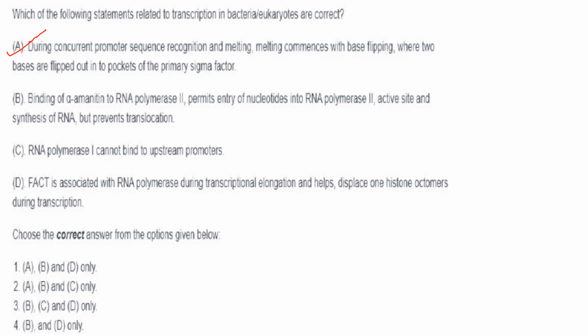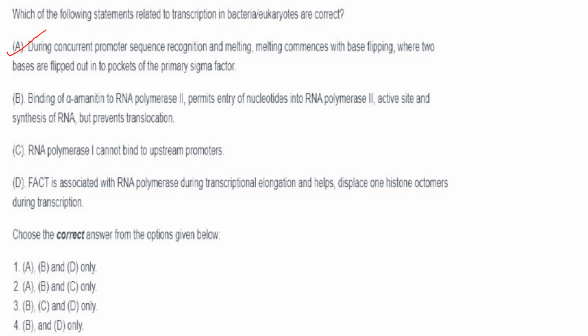Then binding of alpha amanitin to RNA polymerase 2 permits entry of nucleotides into RNA polymerase active site and synthesis of RNA but prevents translocation. That's correct. Now you might have learned that alpha amanitin inhibits RNA polymerase. The mechanism by which it inhibits RNA polymerase 2 you have to know. That is what is meant with this statement in this question. So what is this translocation coming under transcription? You might have learned translocation in case of protein synthesis, that is your translation. But what is happening in transcription?